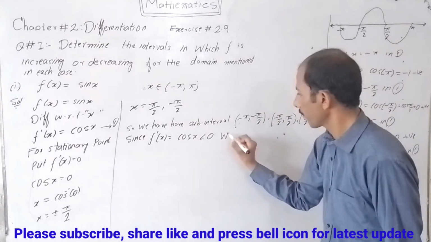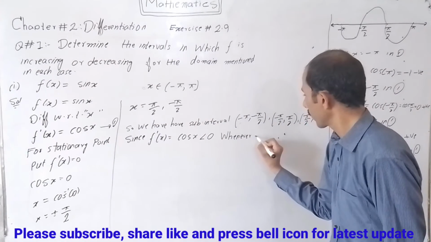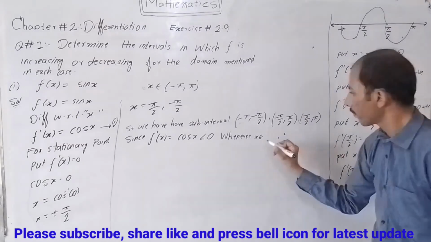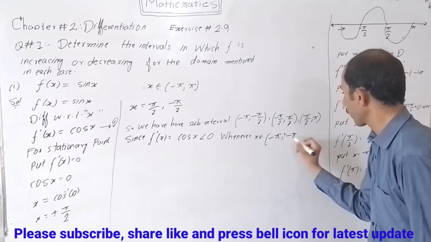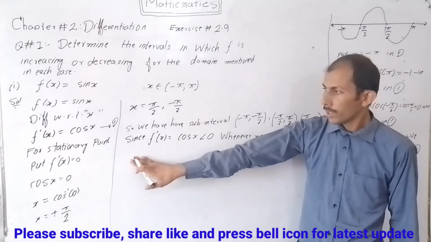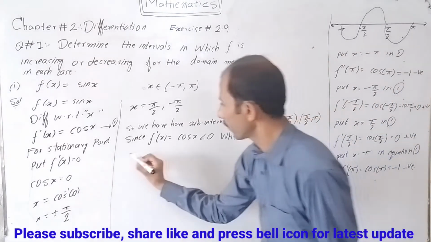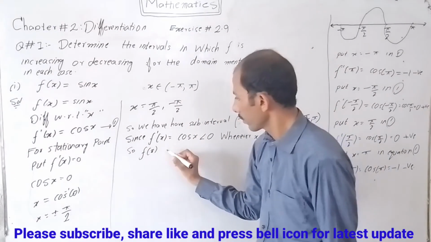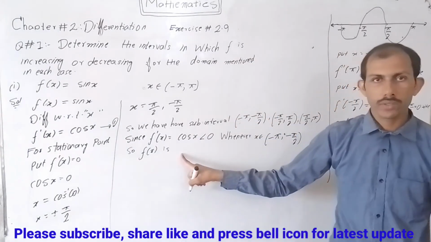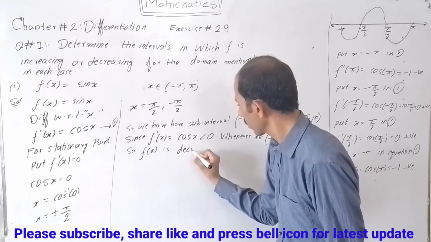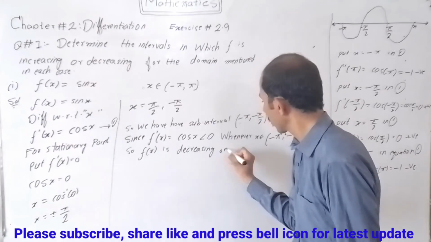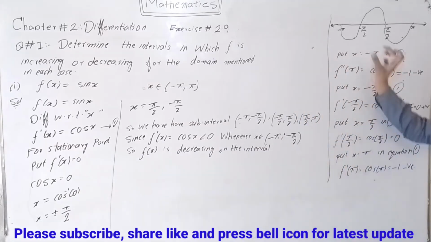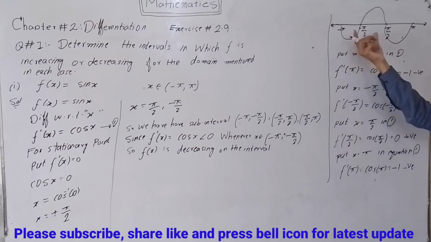Whenever x belongs to minus pi to minus pi over 2, on the interval f of x is below the real line, so f of x is decreasing on the interval minus pi to minus pi over 2.